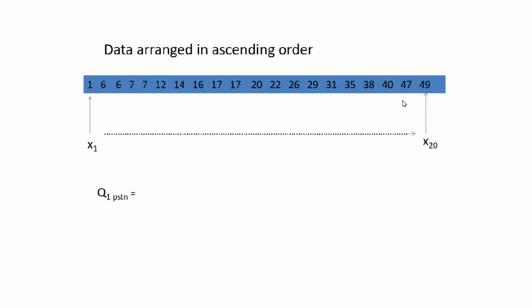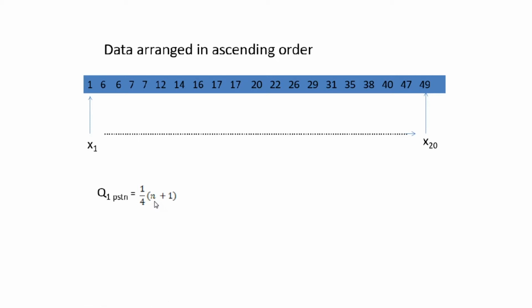Now, the position of the lower quartile. We learned at level 2 that it is found using this formula: 1/4 times (n + 1). The n represents the number of terms in the data set. In this case, 20 is our n.